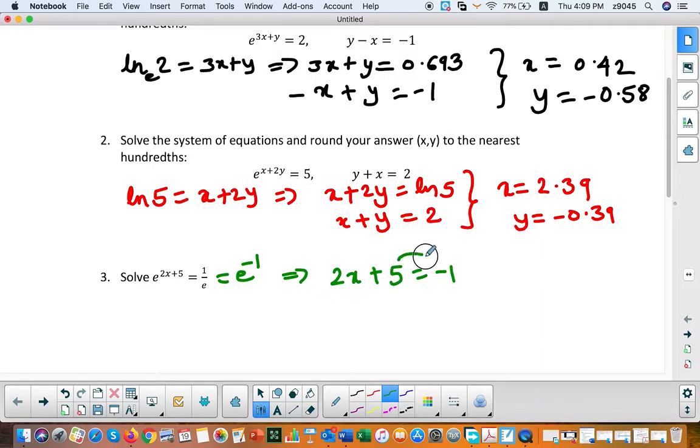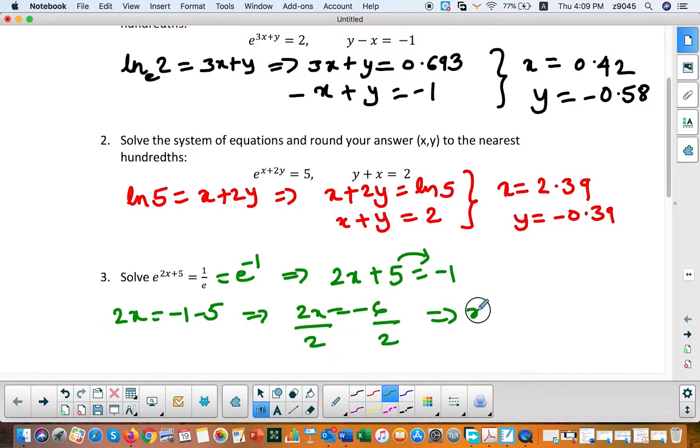I can move the 5 to the other side, so 2x equals minus 1 minus 5. This gives 2x equals minus 6, and dividing both sides by 2, the value of x equals minus 3. So depending on how the equations are given, we can find the values of x and y.